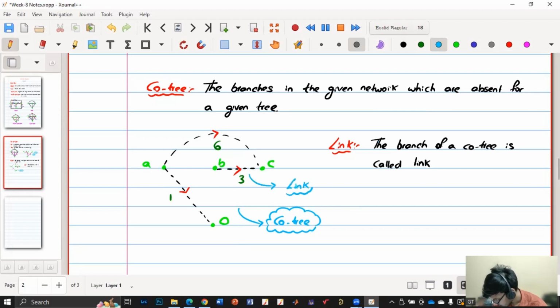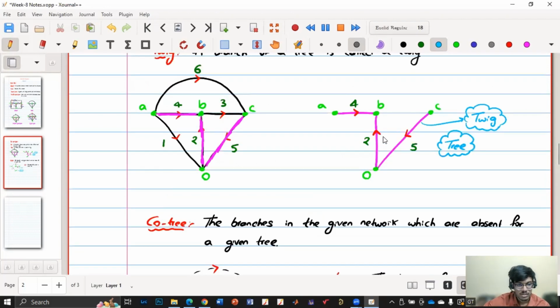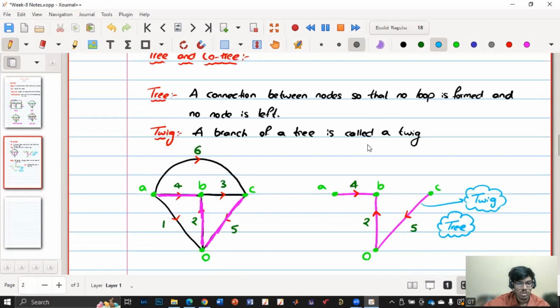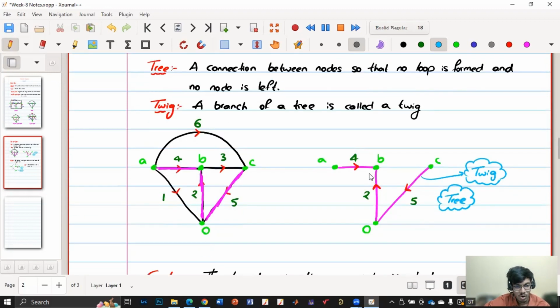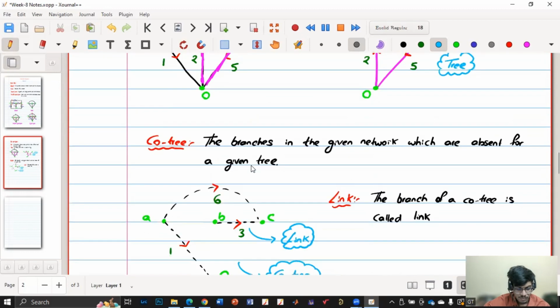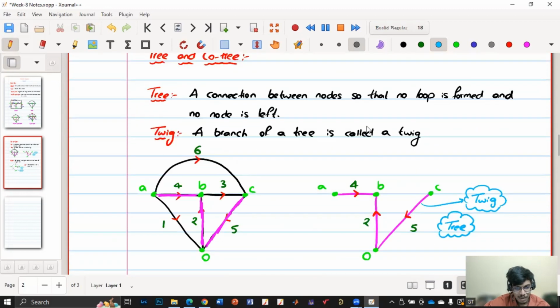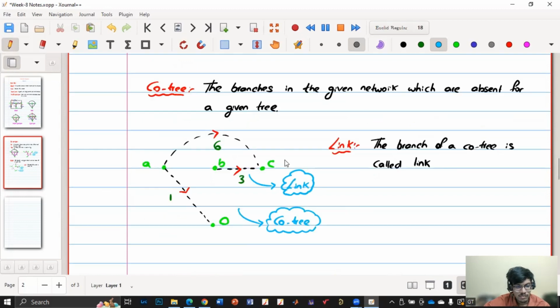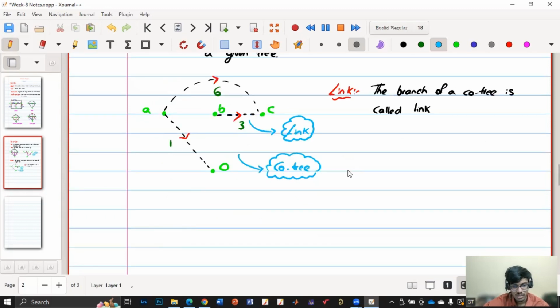Okay, let us quickly revise. For a given network, if we consider the connection between nodes so that no node is left and no loop is formed, then that corresponds to a tree. The branches of a tree are called twigs, and the branches in the given network which are absent in the given tree form a cotree, and the branches of the cotree are called links.